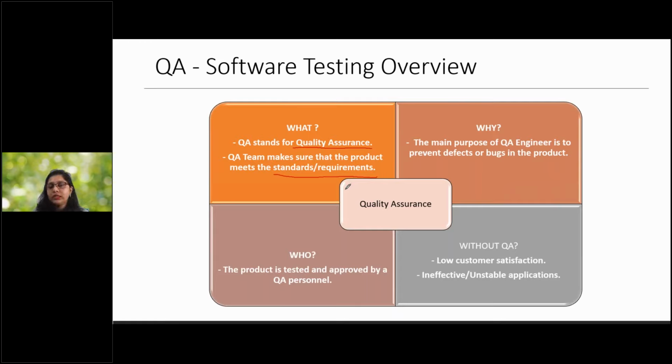Products can be as simple as a mixer grinder or any product we use. Before that product is given to the customer, we as a QA team make sure that there's nothing wrong and it is defect free, so customers don't face any kind of problem and don't have to deal with returns and all that stuff.